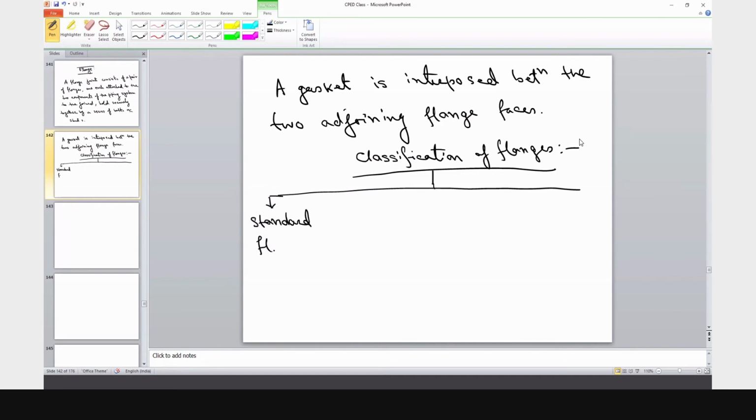Similarly, there is non-standard flange also. Next is the wide face flange.